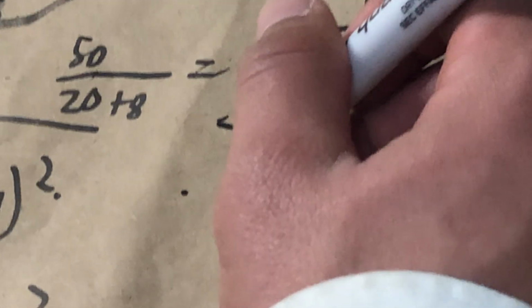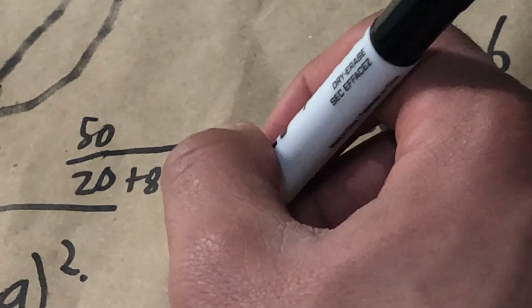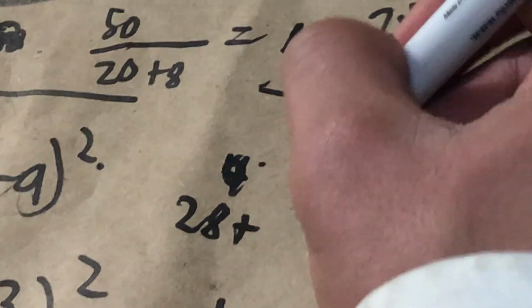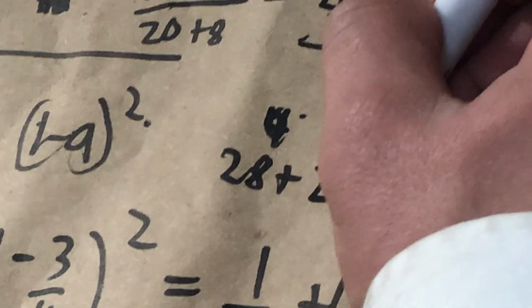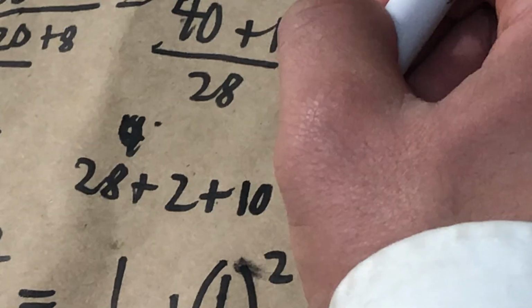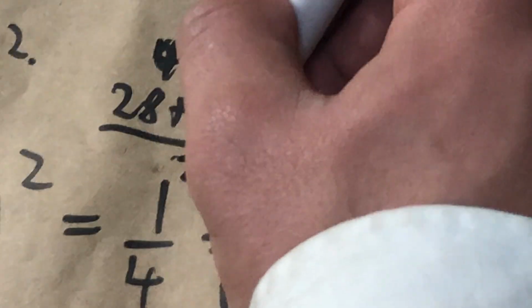And then we get something that looks like this. In fact, we can turn it into something like this. 28, 2, plus 10. This just cancels out, so we get something that looks like this.